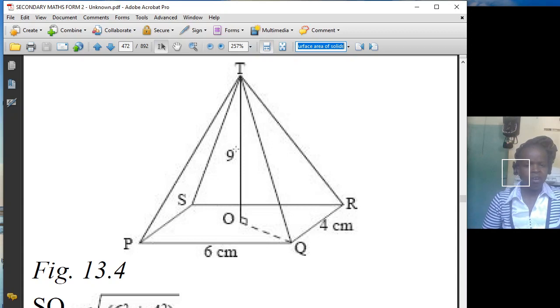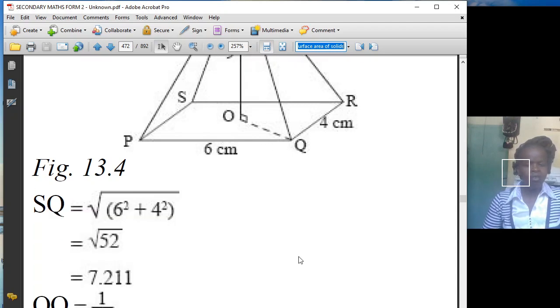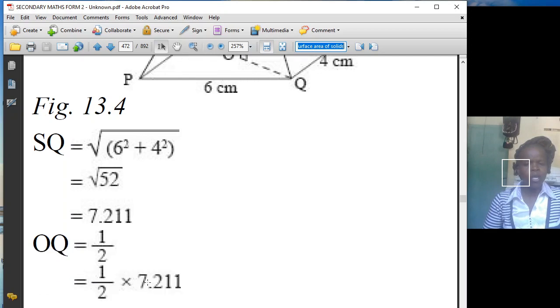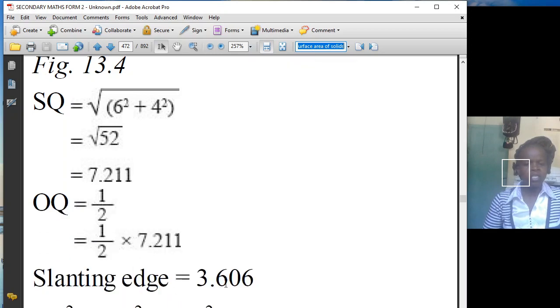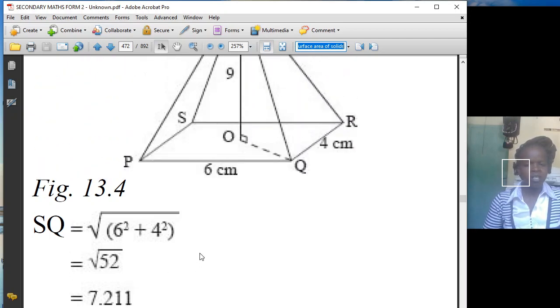So that if we have TO and OQ, we can get TQ. OQ is a half of SQ. A half of 7.211 will be 3.606. So neglect this word slanting edge. It's not the slanting edge. It's OQ, sorry. So it's not the slanting edge.